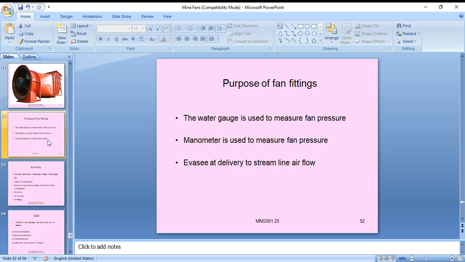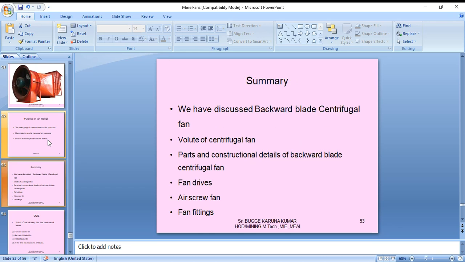So with this one, I am going to conclude the fans, particularly the backward blade centrifugal fan. I hope so far you are learning during this 30 to 40 minutes lecture.